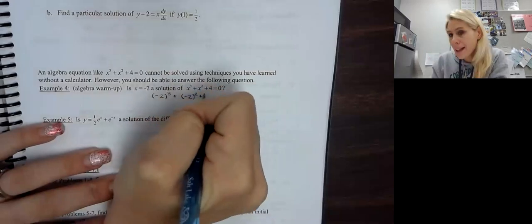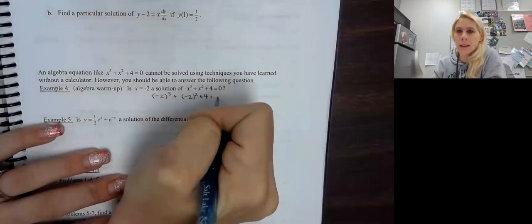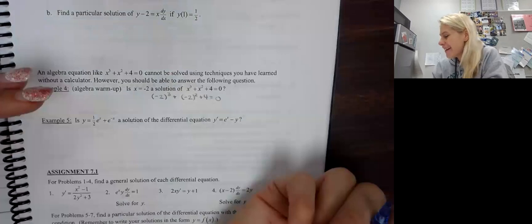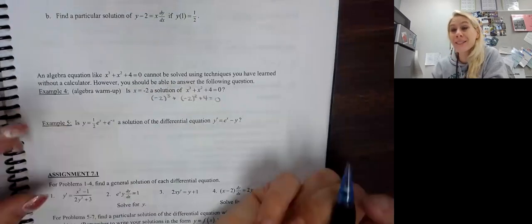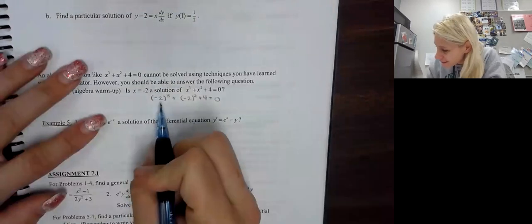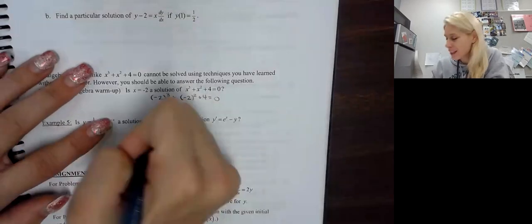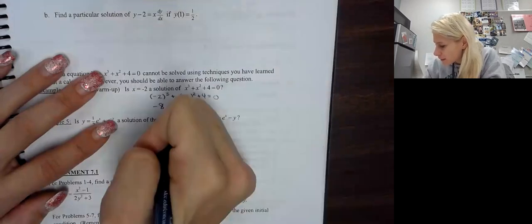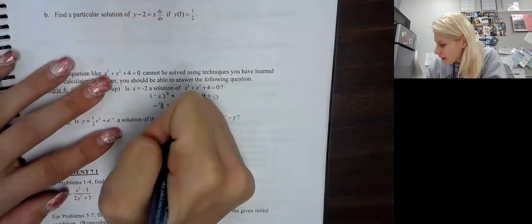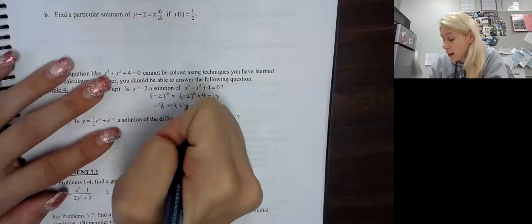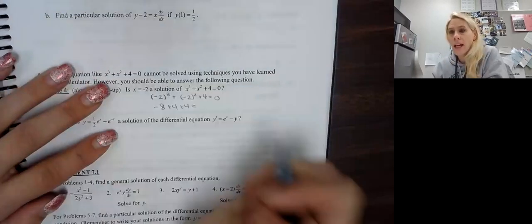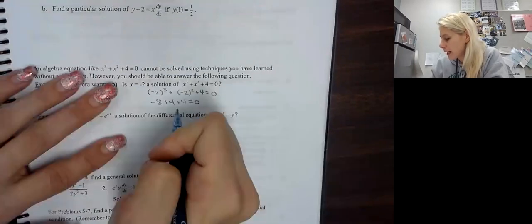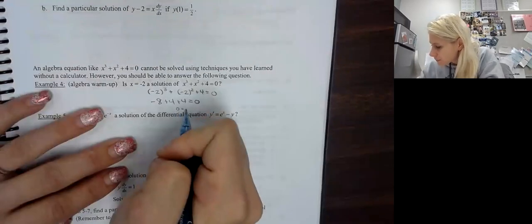Now I'm going to do this without a calculator, so I have to do some of these calculations in my head. -2 times -2 times -2 is -8. -2 times -2 is a +4. And as you can see right now, if I calculate the left side, you will see that this cancels and we go 0 equals 0. So check. Yes.